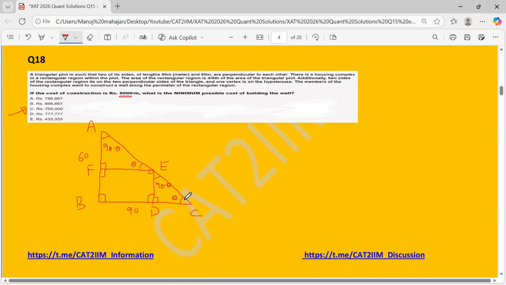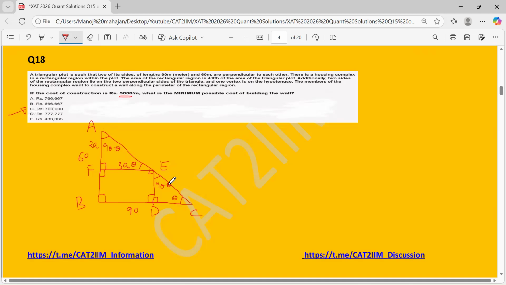So what we can say is that AB and BC are in the ratio 2:3. If this is 2A, then this should be 3A. Over here also, AF and FE will be in the same ratio, 2:3.